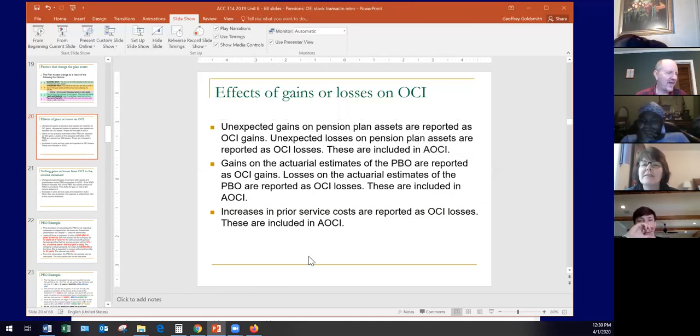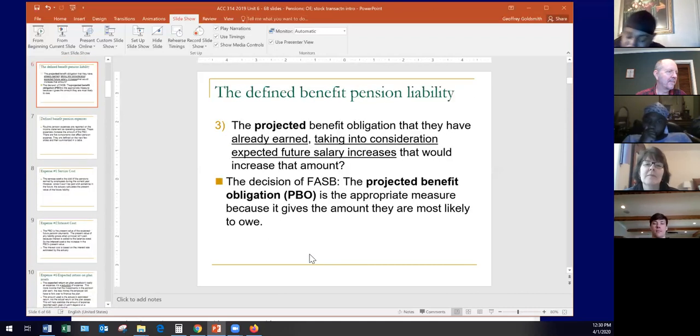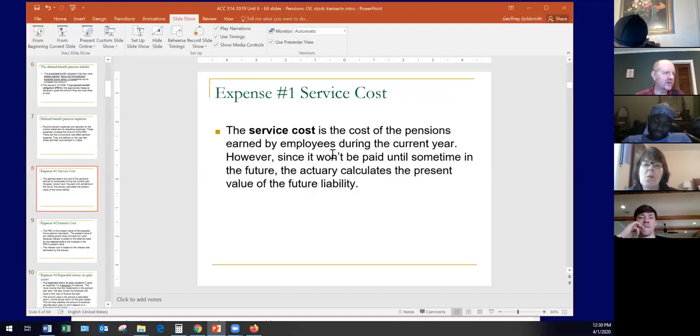That was what we talked about here on this slide last time. Projected benefit obligation. That's the present value of the pensions that they've already earned, taking into consideration that their future pension will be based on future salary increases.